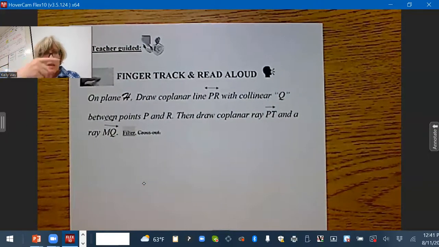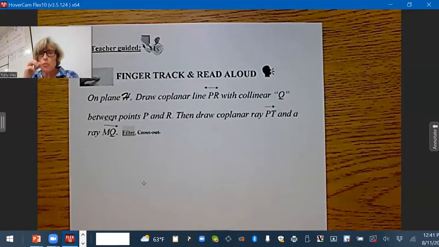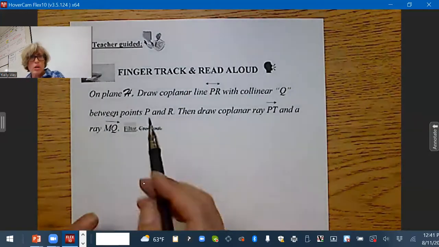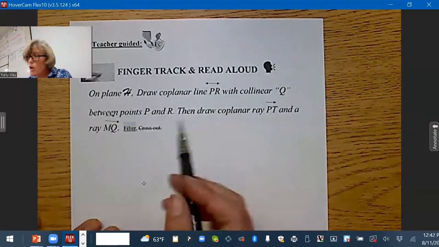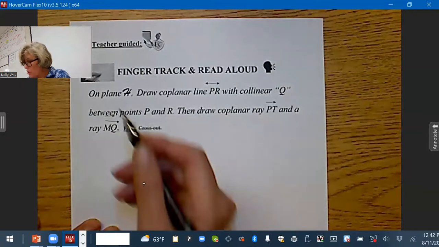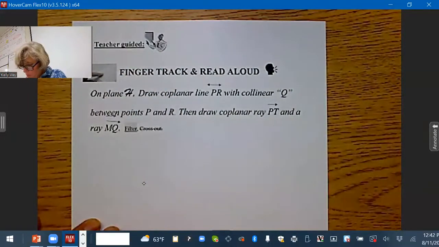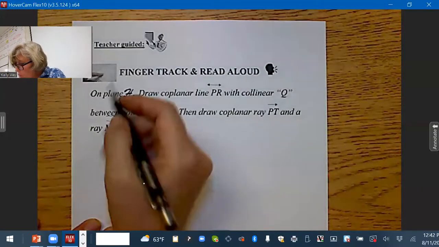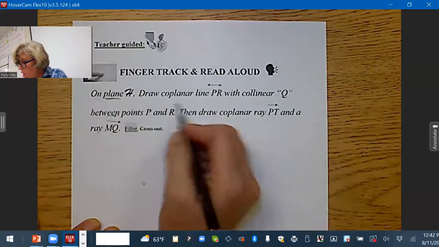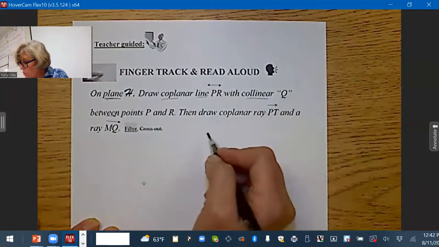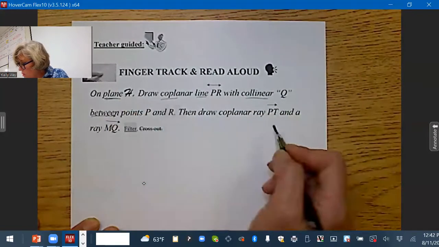Read, finger on paper, lips moving. That's number 1. Pass number 2: you are reading quickly now and either underlining or highlighting keywords. So on a plane H, draw a coplanar line with a collinear point Q between the points.